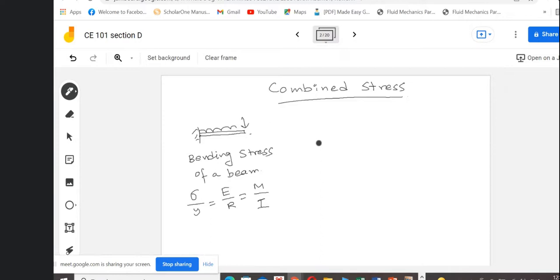Today we will see another kind of stress where some kind of normal stress and this bending stress can be summed up, and that will give us the nomenclature of combined stress.